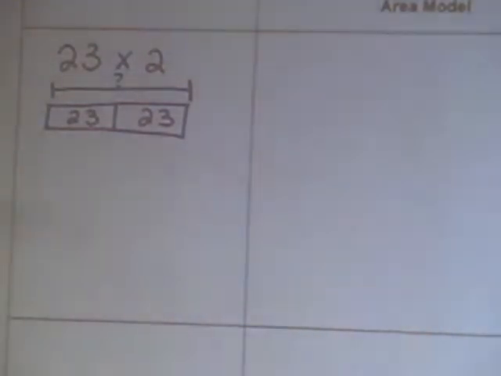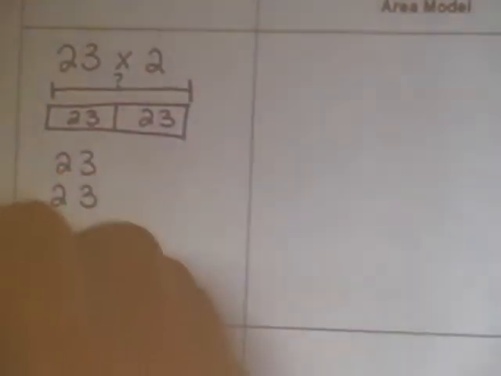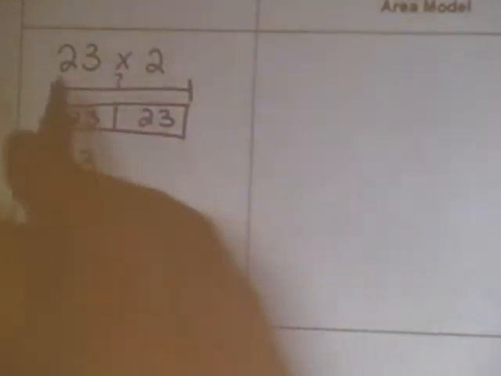This is helping them to connect that multiplication is really repeated addition of equal parts. 23 plus 23 is the same as 23 times 2. I could replace my question mark with 46.